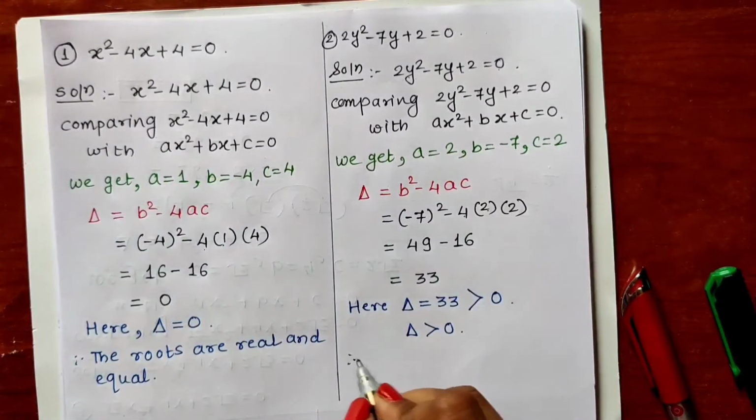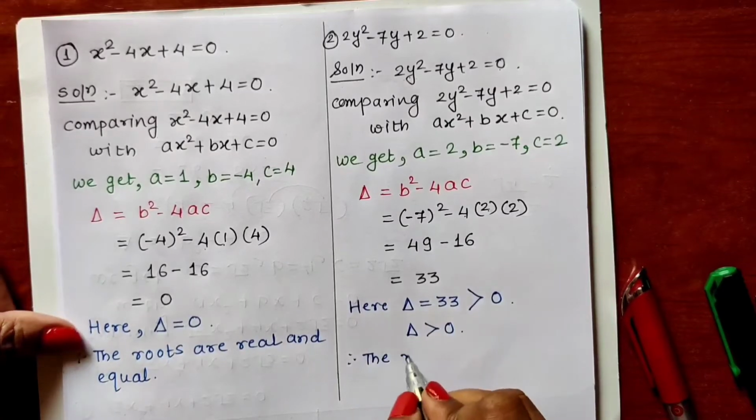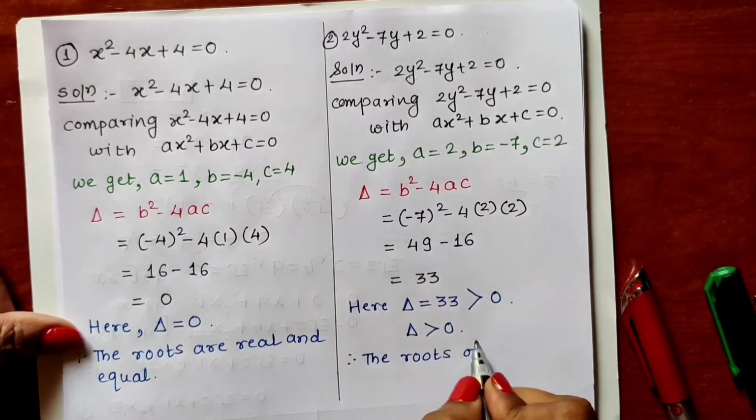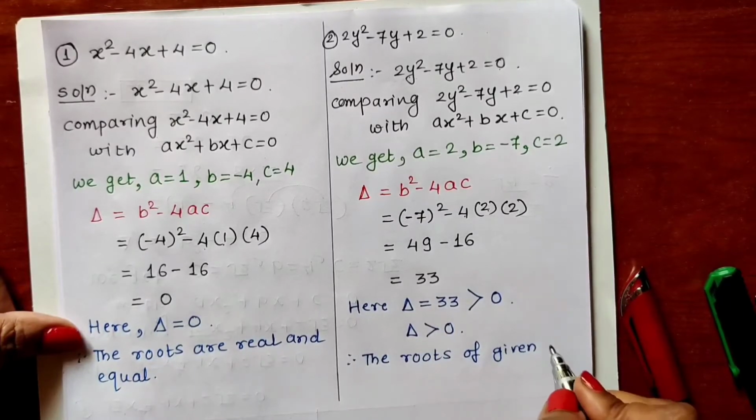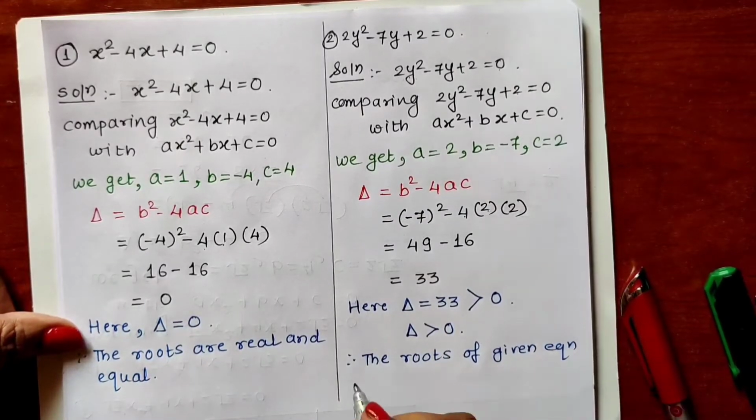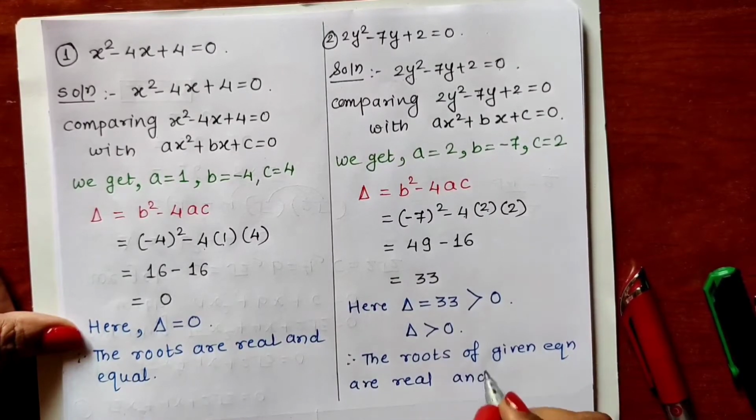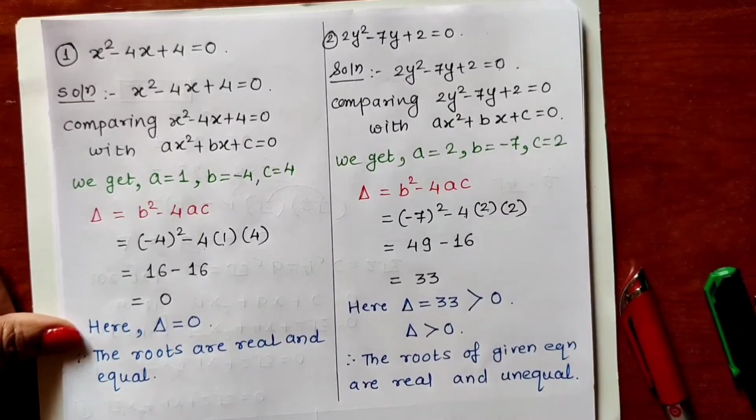Therefore, the roots of given equation, here also we should write given equation, okay? Given equation are real and unequal. Okay, in this way we can determine the nature of root.